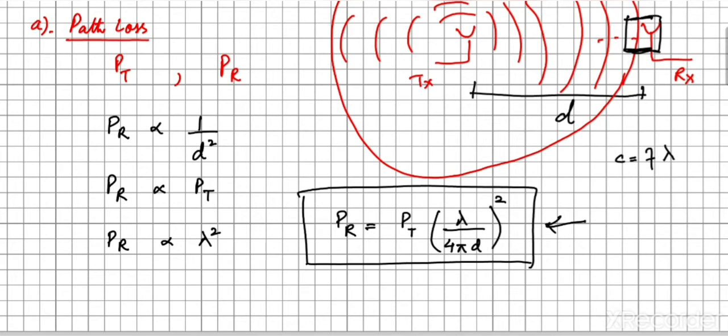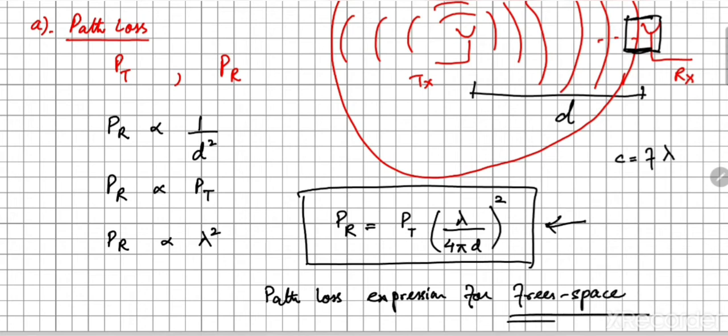Now, this equation that we have just written is referred to as the path loss expression for free space. By free space, we mean a space which is free of any obstruction or any object that can diffract, reflect, or absorb the signal.